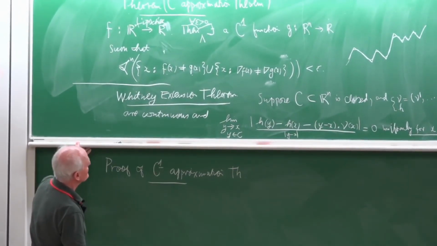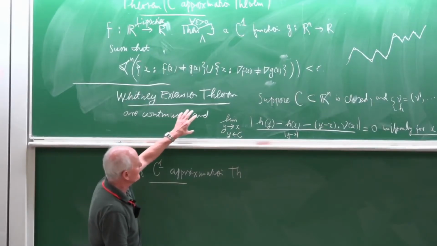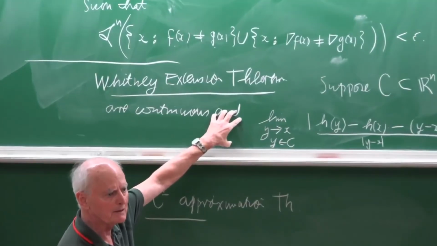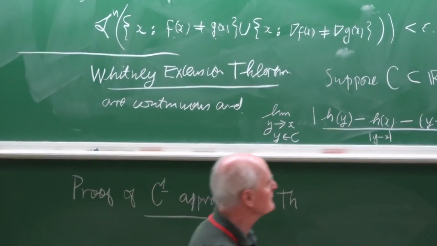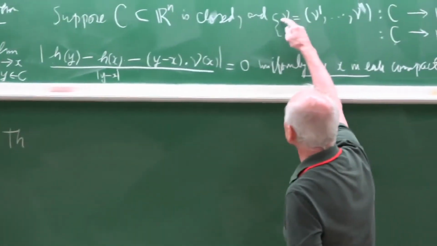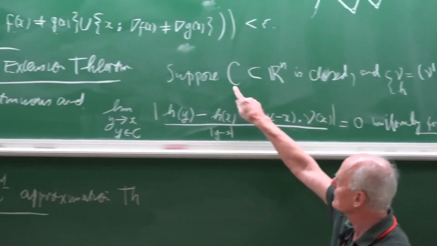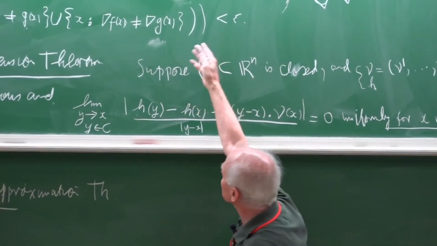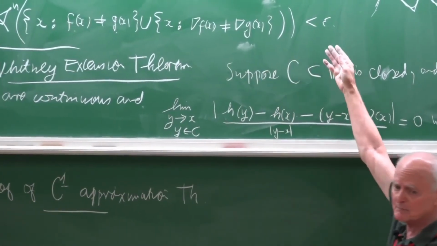So the main idea of the proof is that we want to somehow reduce the result down to the Whitney theorem. So that means we've got to try to cook up a closed set C, which at least includes everything except a set of measure epsilon.